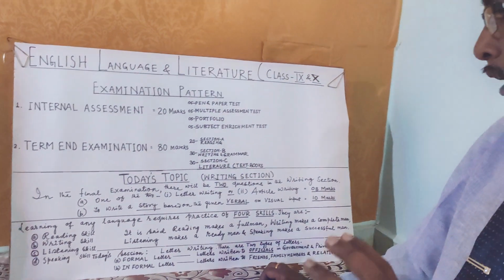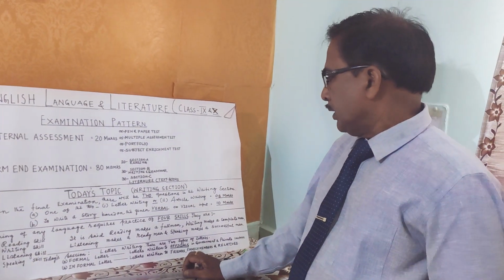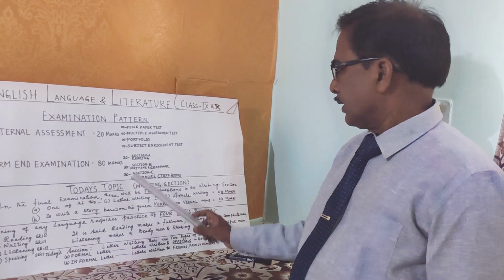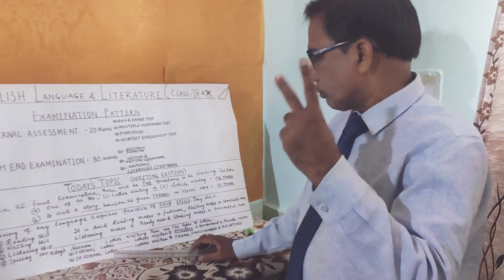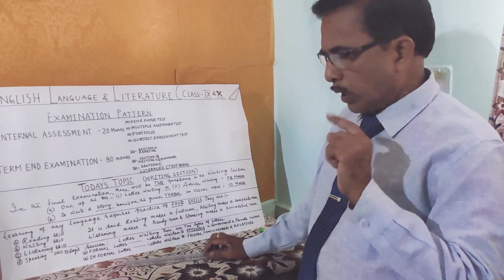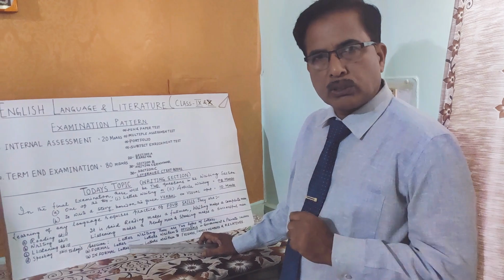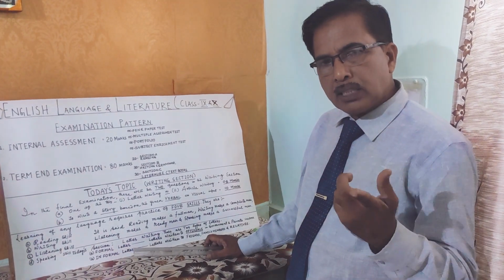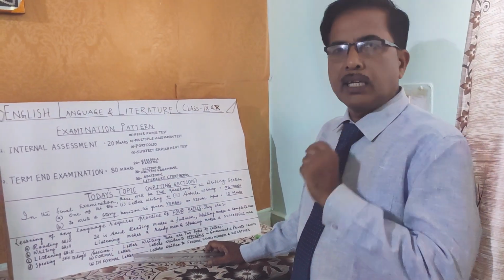Now, in the final examination, there will be 2 questions in the writing section. In the first question there will be a choice. You can answer either a letter writing or article writing.